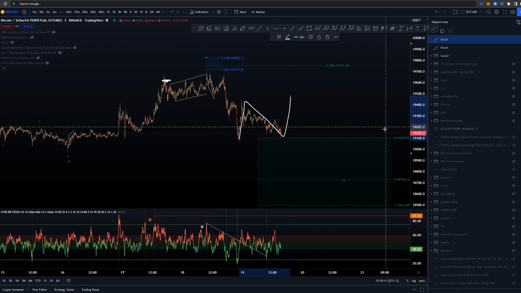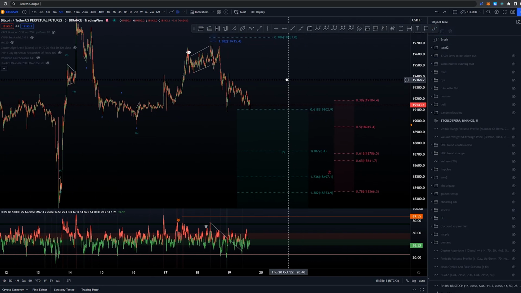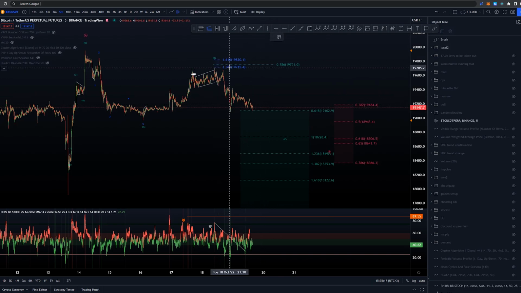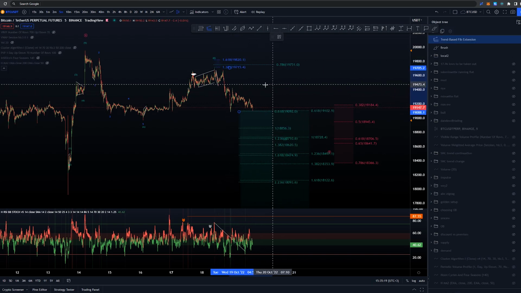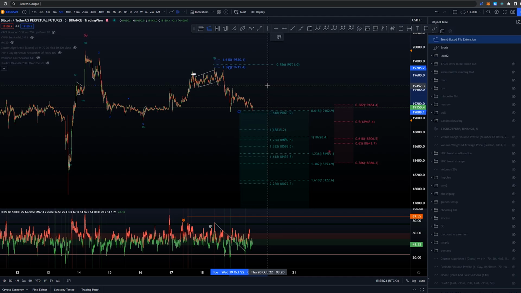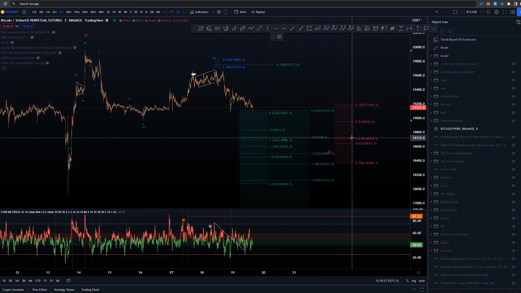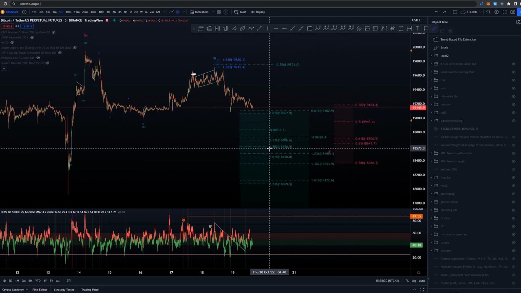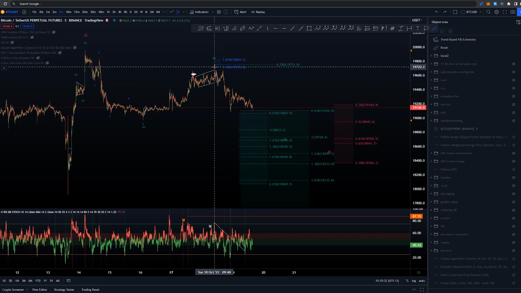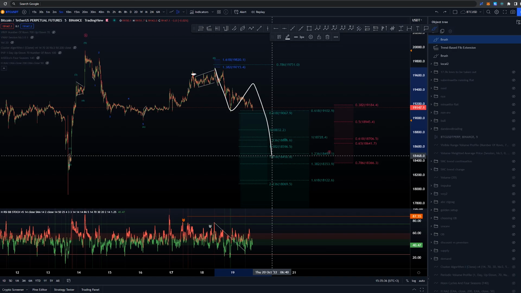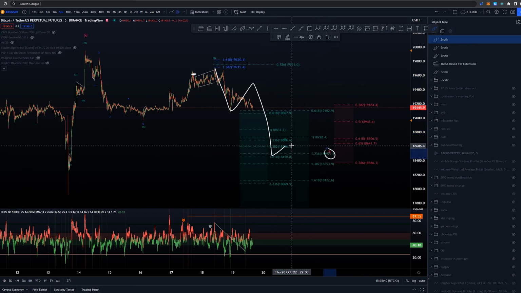If this is going to be creating a structure like this, then I'm not quite sure how this is going to be placing each other, because if we are just eyeballing it here, 1.618 already 18.5k or 4k, that would go beyond the golden pocket here, which would mean that whatever this was most likely is not what we are looking for, at least for that C wave or the higher time frame B wave.